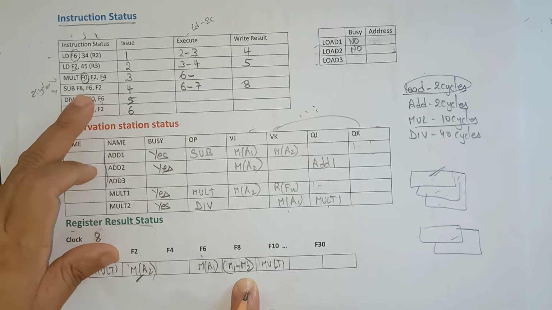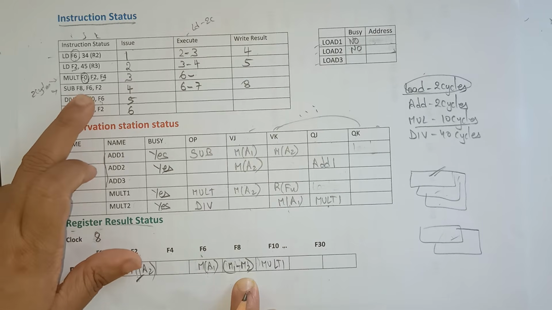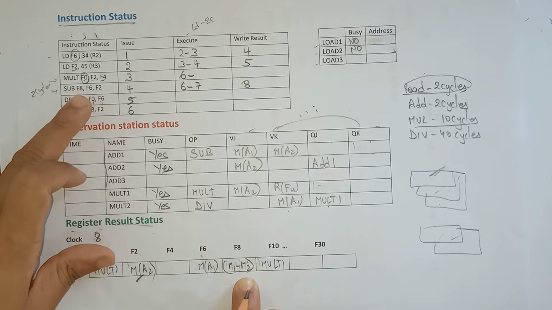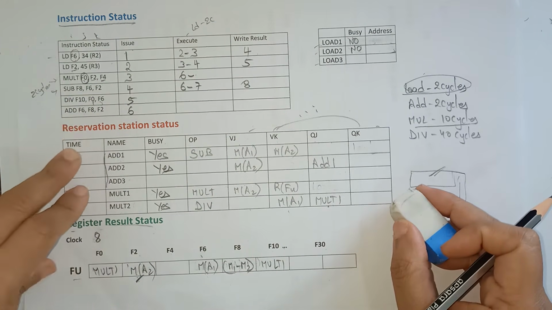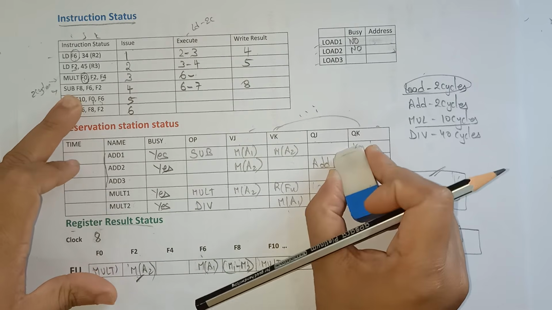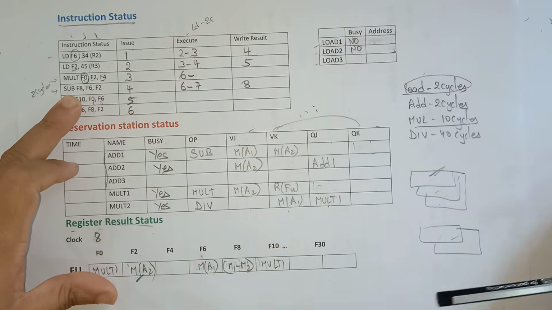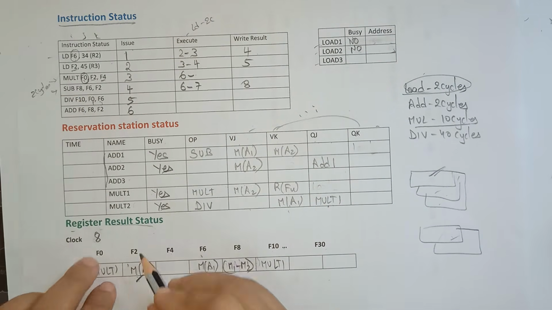Whenever you get this result, subtraction, F8, that is the adder 1. Okay, let me complete it.